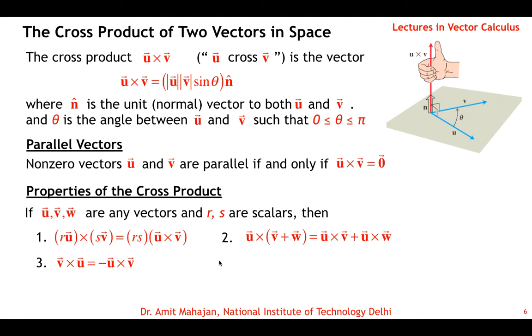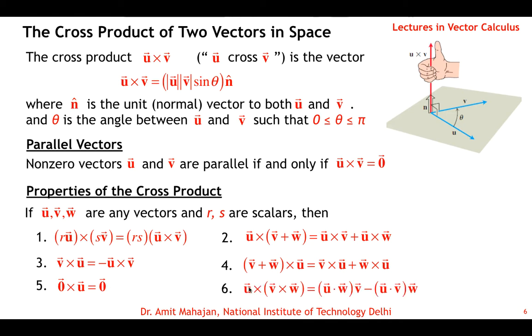The fourth is that the sum (v plus w) cross u is v cross u plus w cross u. So it's just similar to this. The order has to be maintained, because v cross u is minus of u cross v, so we cannot write u first. The fifth: zero vector cross any vector is the zero vector, so that is clearly true.